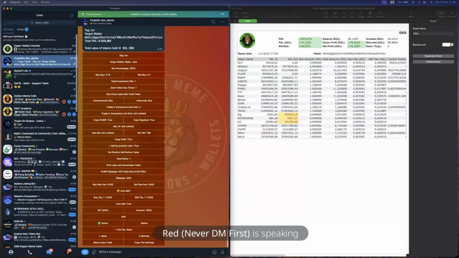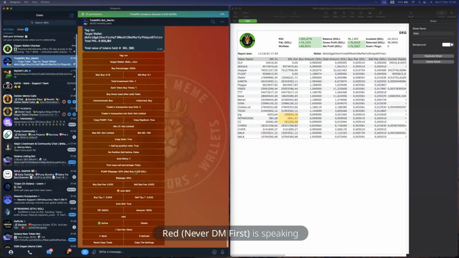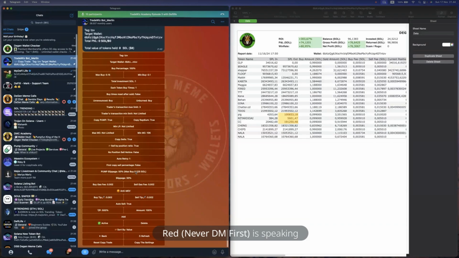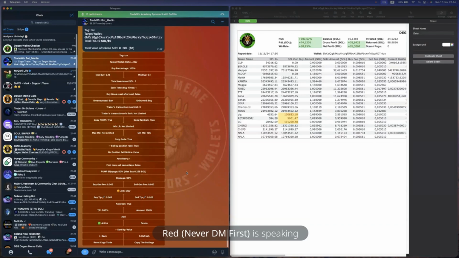For example, on the pump slippage, personally, I have around 20%, same for the slippage, but it depends on the amount your target wallet buys and also the market caps. If he only buys very volatile market caps, then of course you have to raise your slippage. So I think it's a very good start, copying these settings, but you have to adjust depending on the wallet you copy.